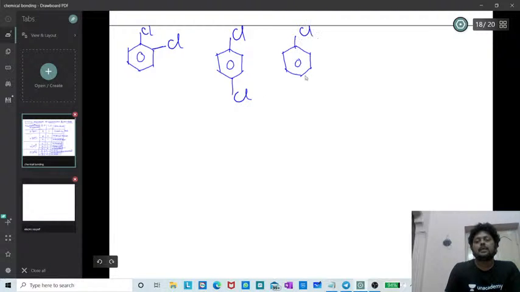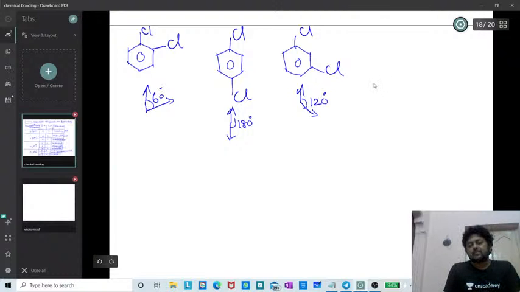Their dipole moments, I already informed you. See here, in the first case, the first vector is like that, the second vector like this, so theta is equal to 60 degrees. In the second case, two vectors are opposite to each other, angle of separation 180 degrees. In the third case, the angle of separation will be 120 degrees.